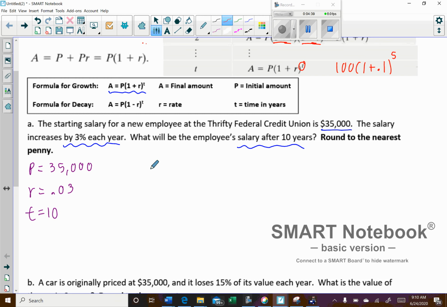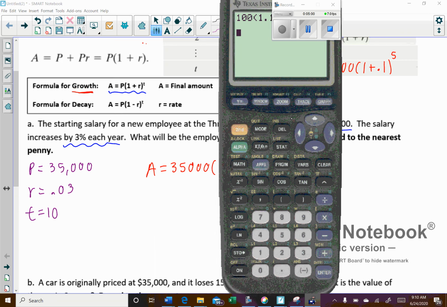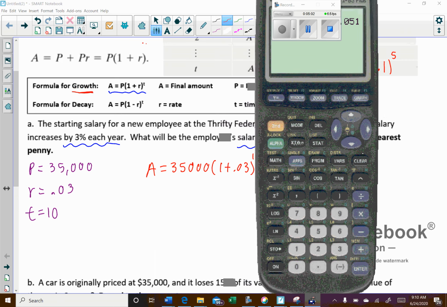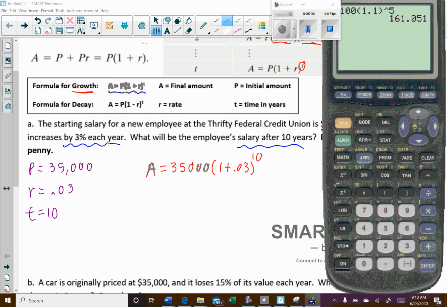So we'll fill out what we know. A equals, and obviously we're using the growth formula on this first one, 35,000 times 1 plus 0.03 raised to the power of 10. You don't have to have this graphing calculator, but it makes it a little easier to put in. Even your phone calculator would probably be fine.